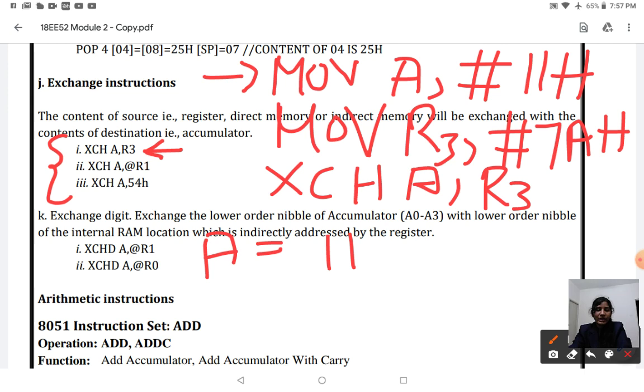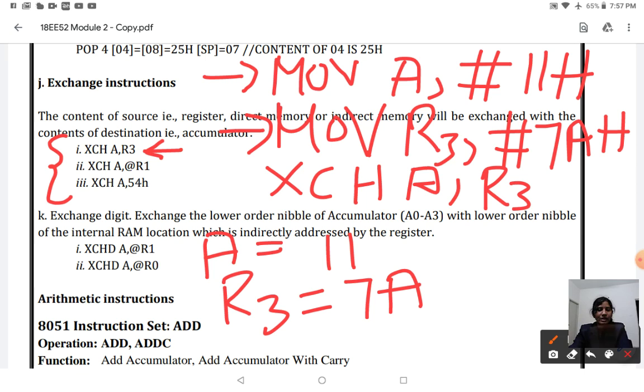When the assembler executes the second instruction, MOV R3, #7A, the content of R3 is going to be 7A. That is the immediate addressing mode we have used in the first two instructions.